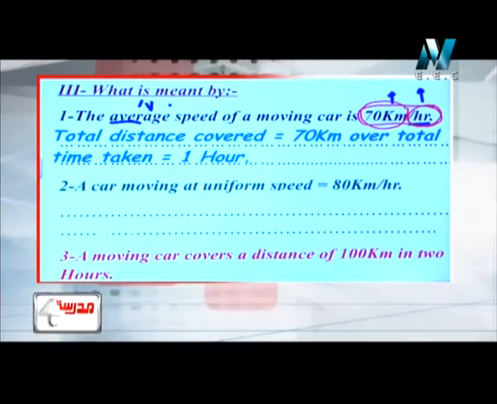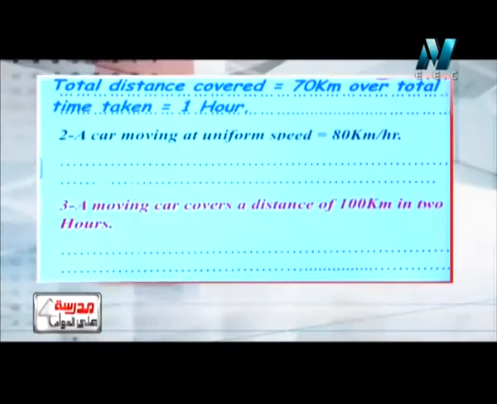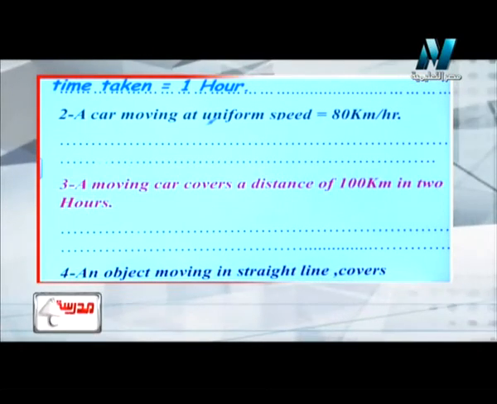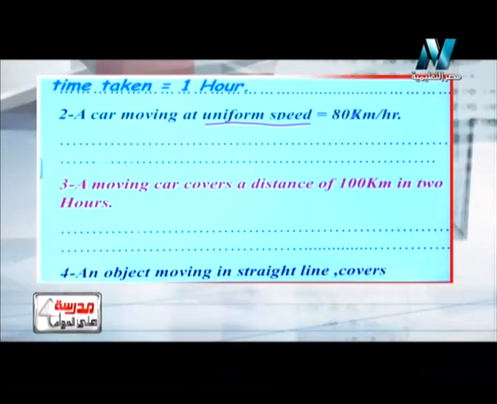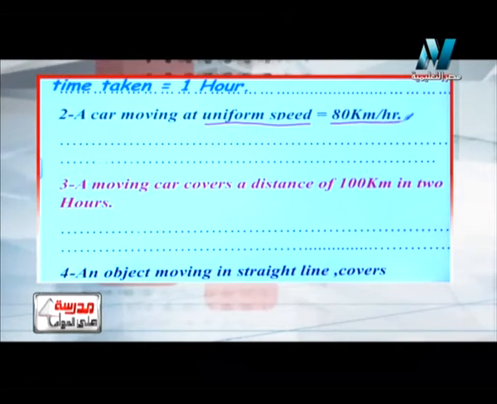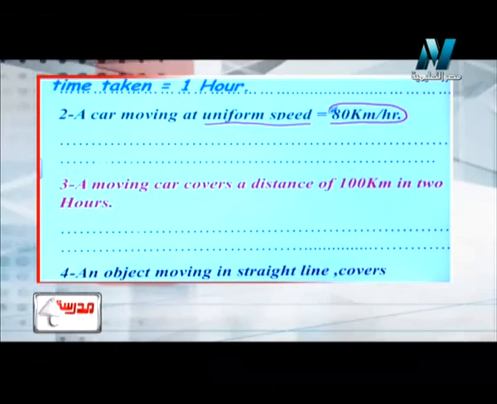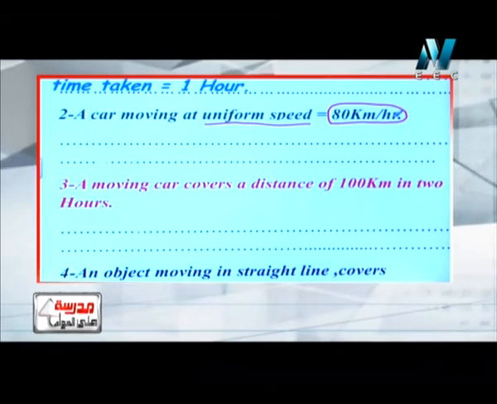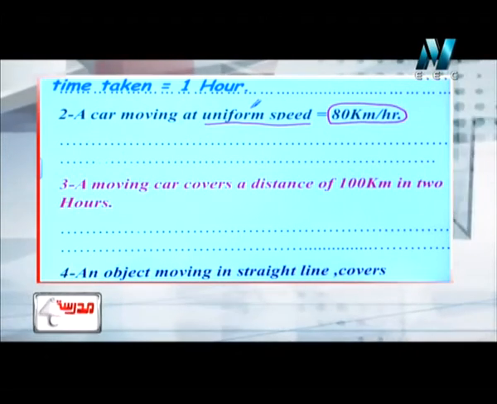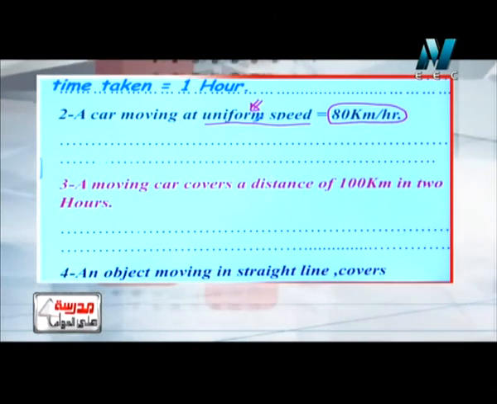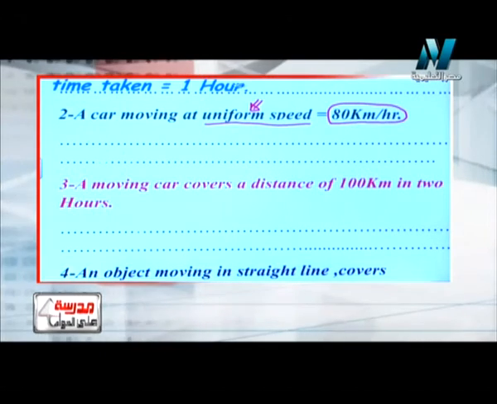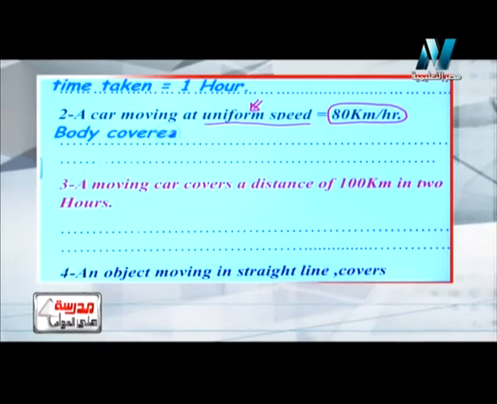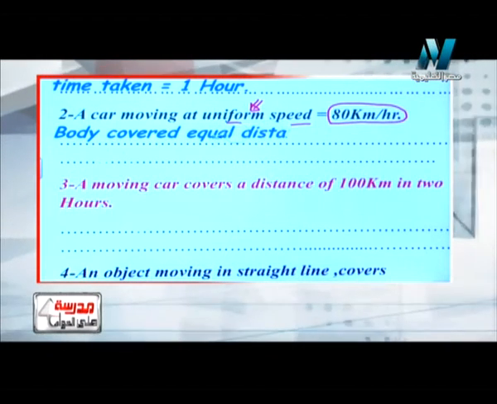As we will answer question number 2 here, a car moving at uniform speed 80 km per hour. Here we talk about uniform speed. And at the same time we have a quantity here, or magnitude, as we studied in lesson 3. So this magnitude is 80 km per hour. We know uniform speed is the body covers equal distances.